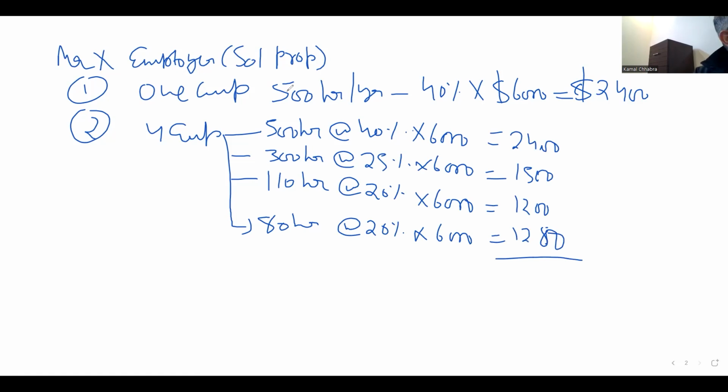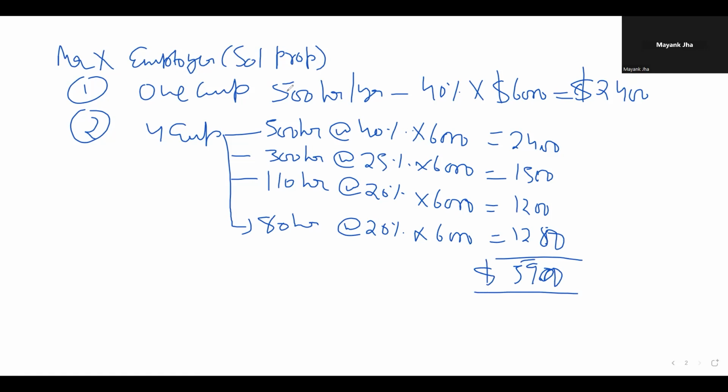48 plus 5, 49, 59. $5,900. Right? Yes, no? Have I done the math right? $5,900. So this is the tax credit. Total is 6,380.